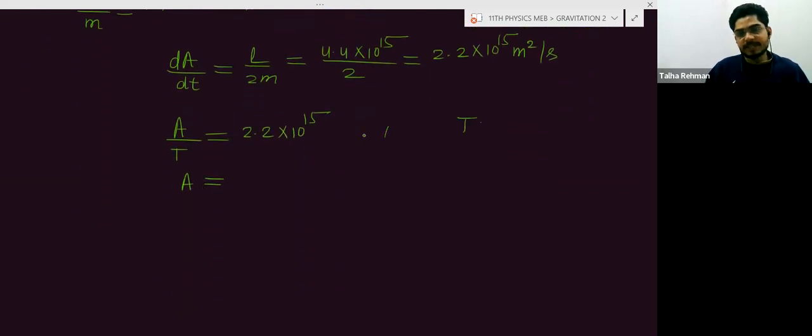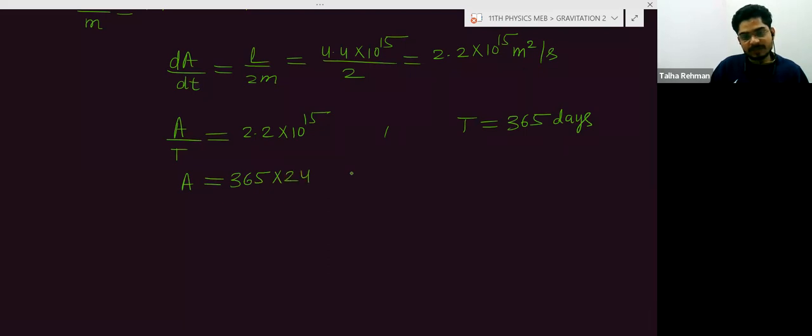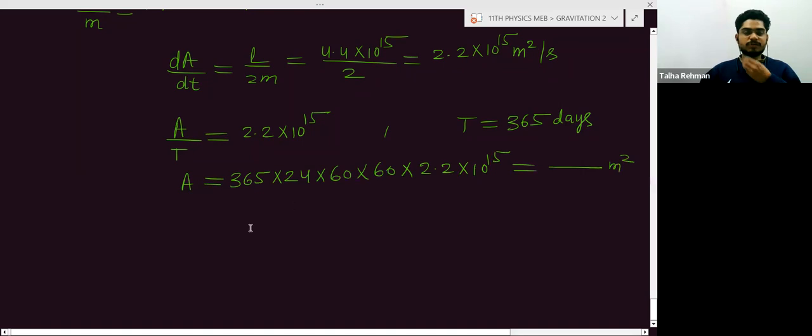So t here is 365 days. So we can convert 365 days into second. So it will be t into 2.2 into 10 to the power 15. So t is 365 days. You will multiply it with 24 hours. Again you will multiply it with 60. Again you will multiply it with 60 seconds. And this is multiplied with 2.2 into 10 to the power 15. So you will get the answer in meter square.